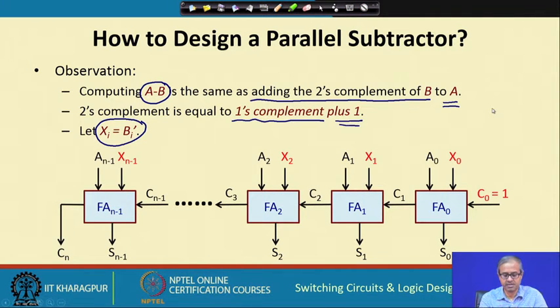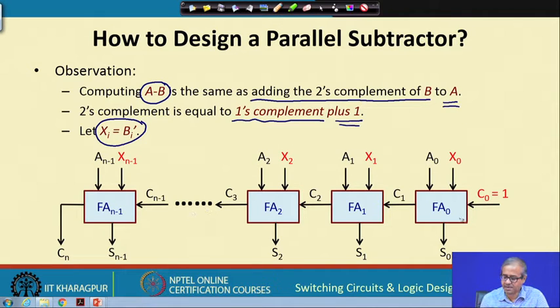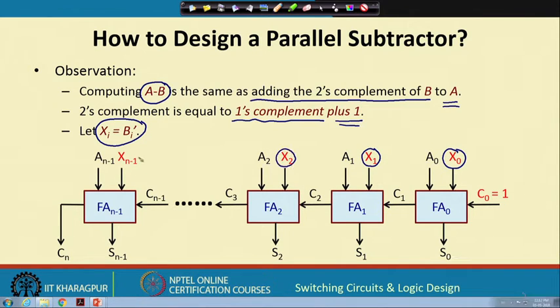Let us look at an arrangement like this. What we have shown here is nothing but a ripple carry adder, the same ripple carry adder, but the only difference is the second input: instead of applying b0, b1, b2, we are applying x0, x1, x2 and xn minus 1. And what are these x's?